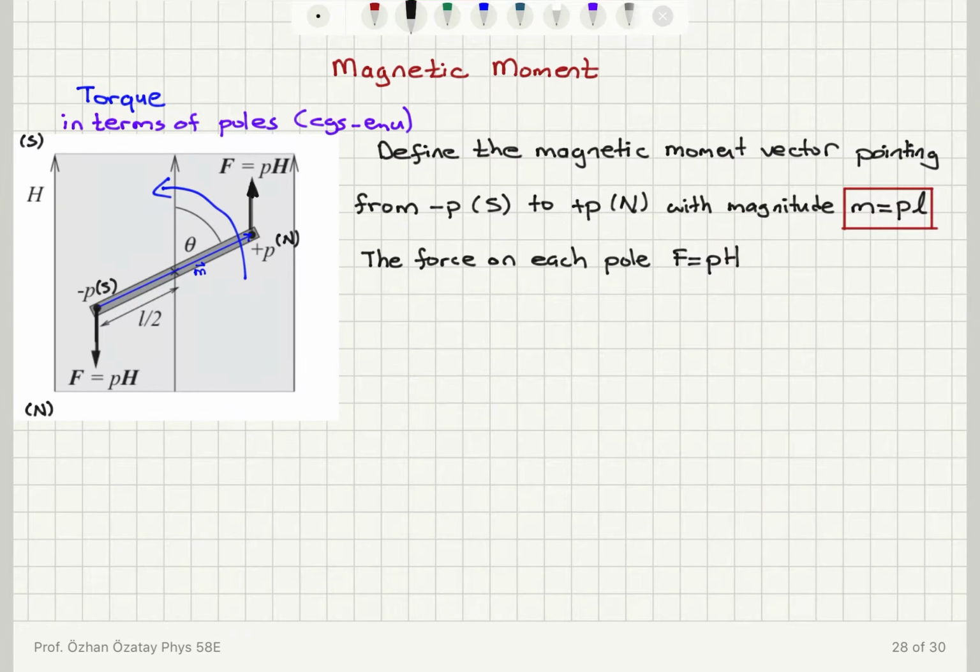So we can write the moment or torque acting on the magnet.